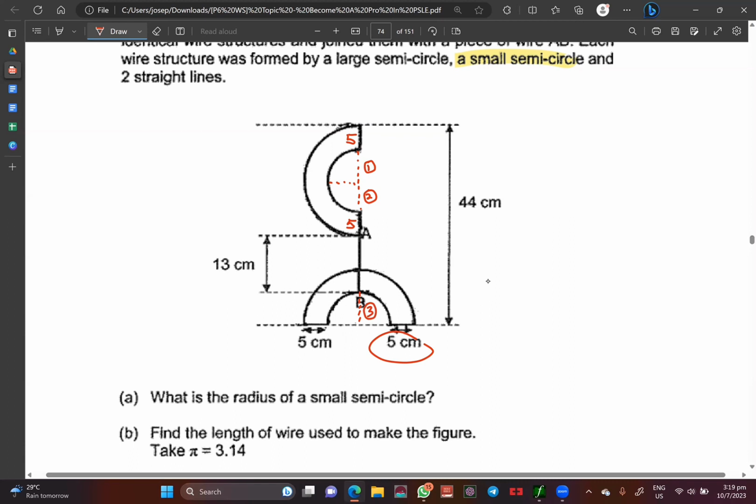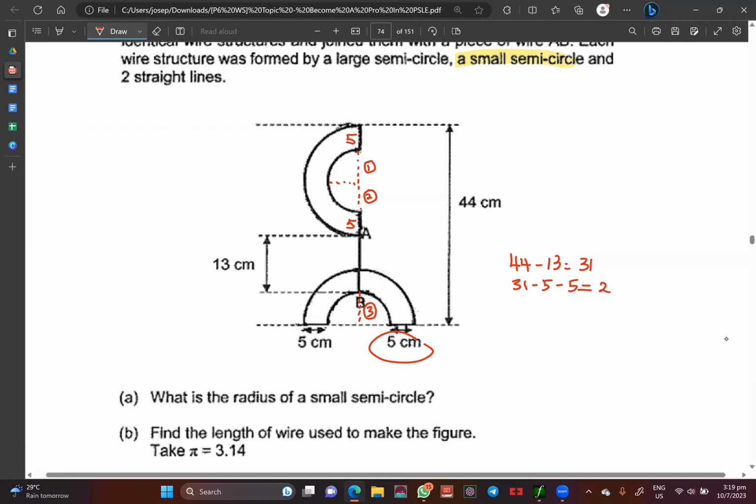So I know already, because you see 44, I minus away 13. I get a very beautiful answer of 31. What exactly is 31? 31 includes this 5 and this 5 and this 1, 2 and 3. So I'm going to remove away 5 and remove away 5 again.